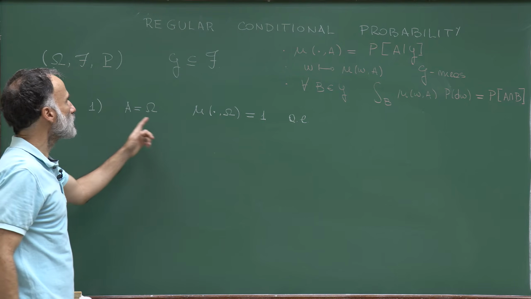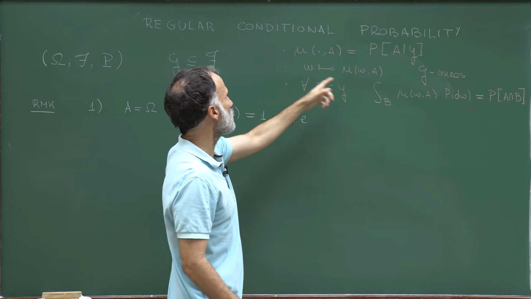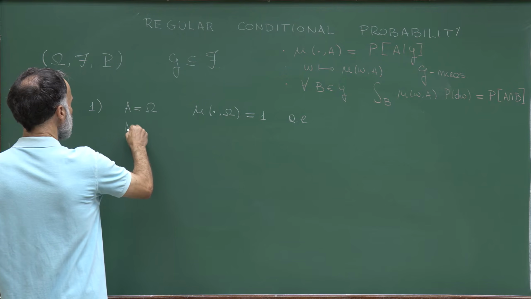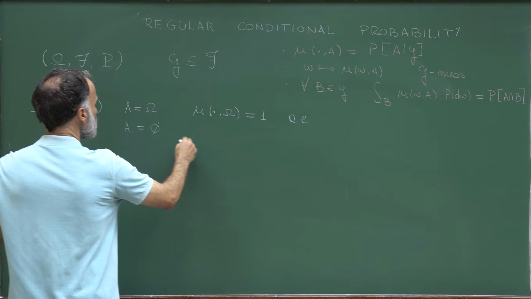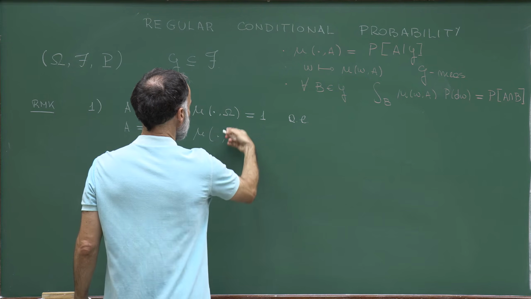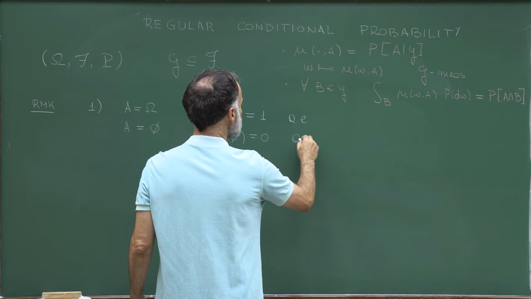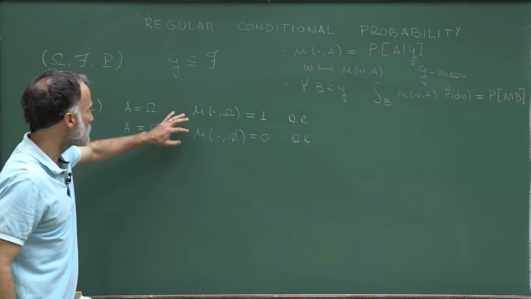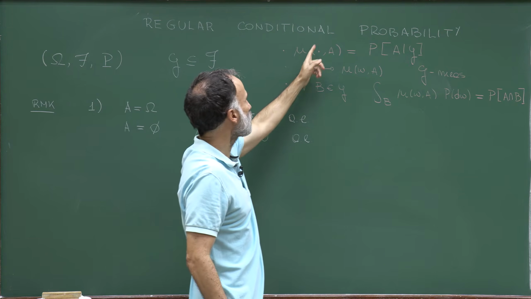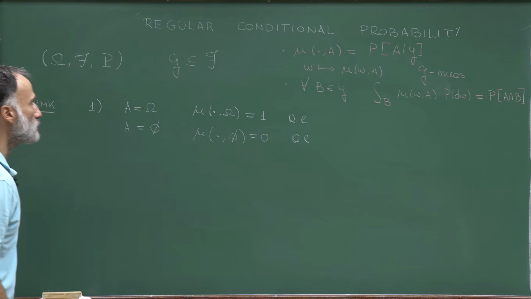In the same way, if I take A to be the empty set, then mu(omega, empty set) is equal to 0 almost everywhere. Mind that these are two distinct functions. For each set A, I have a function from omega to [0, 1] which is G measurable.